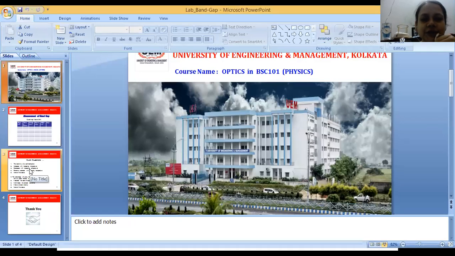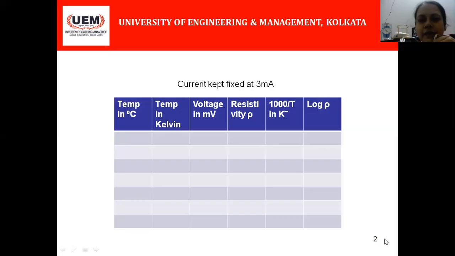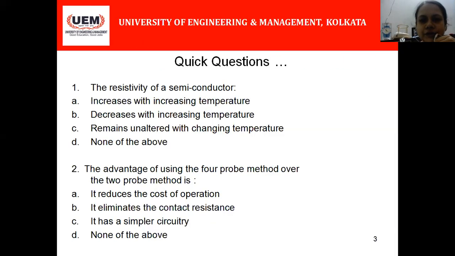Now I will put before you some simple questions regarding this experiment. So if you have understood the experiment well enough, you will be able to answer the following questions.